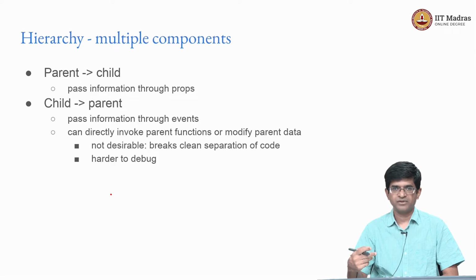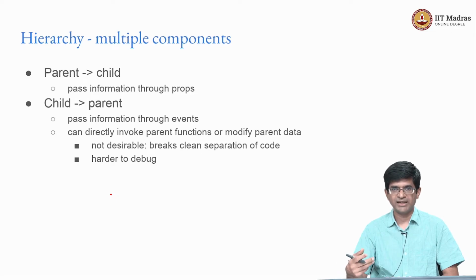When you have a child that can directly go in and modify something belonging to a parent class, something that it is not supposed to have direct access to, the reason why people generally object to it is that it makes the code harder to read and understand.